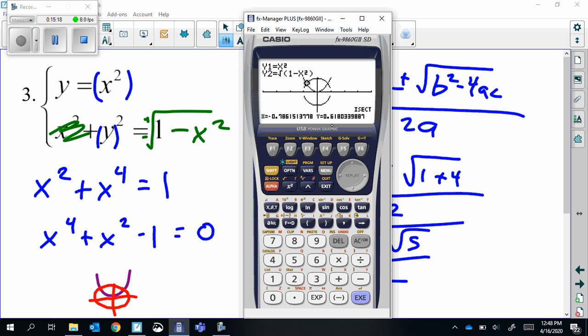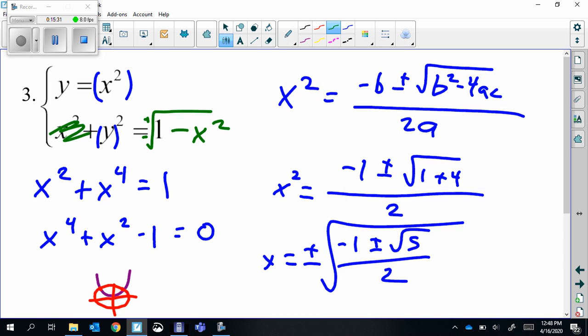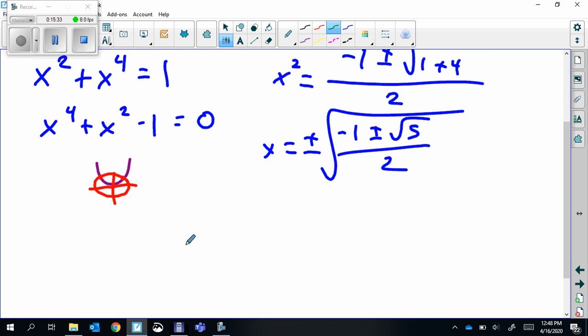They are the same number, 0.618. So we'll write those down just as decimal approximations. It was plus or minus 0.786.